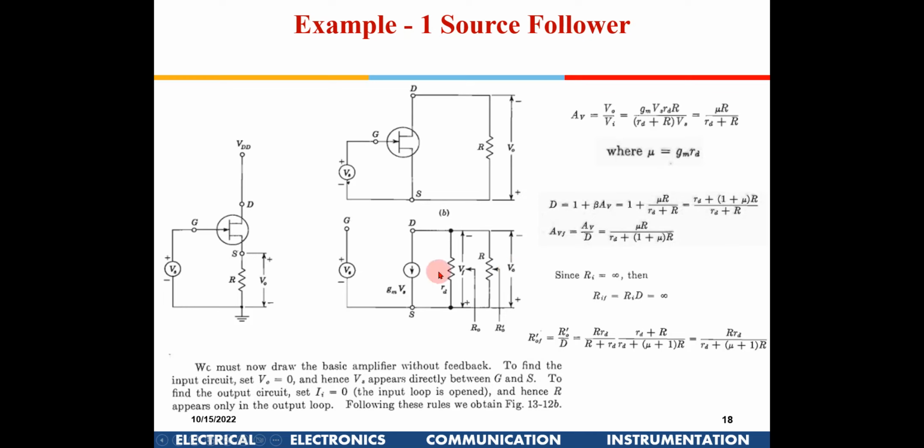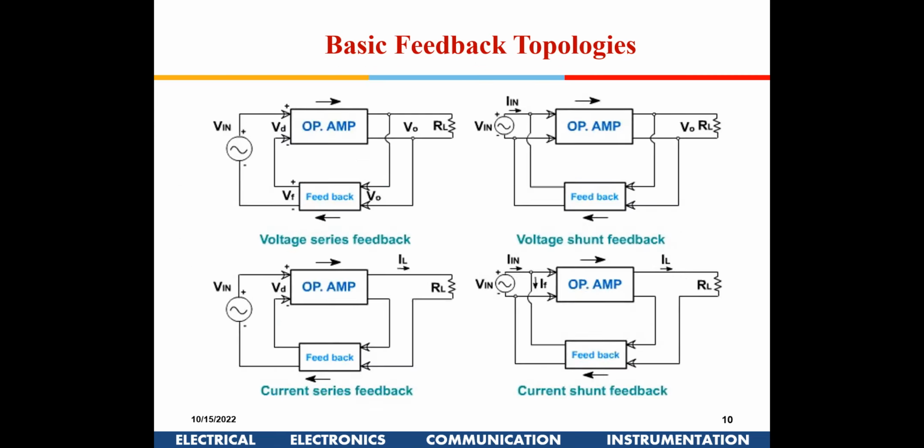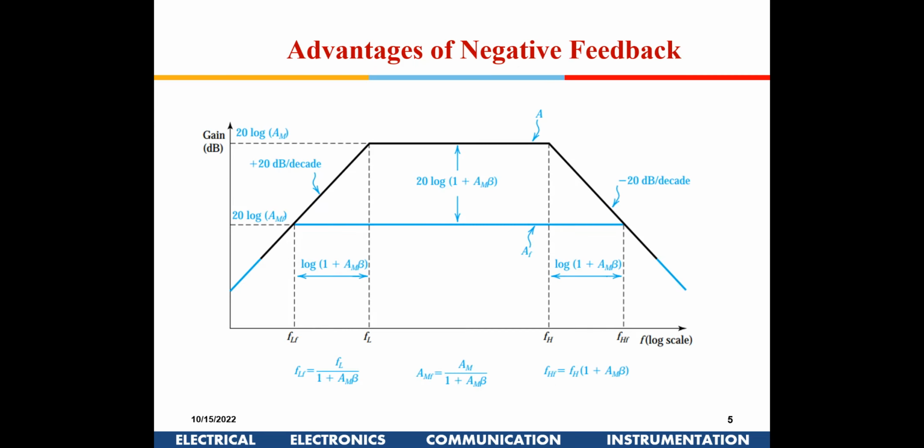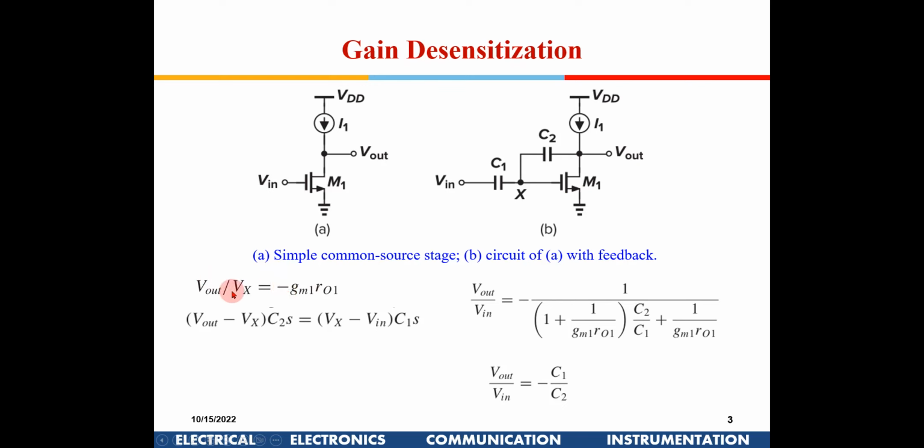Sir, what is the meaning of loading? Okay, loading is this: when we did this derivation for this particular circuit, GMR0, we made an assumption that R0 is much lesser than the capacitor impedance.